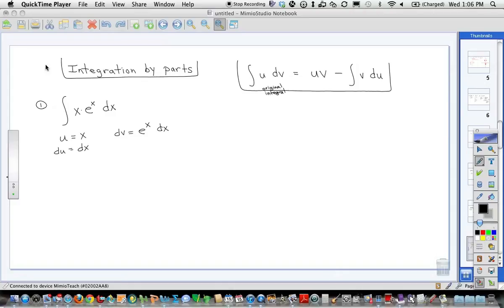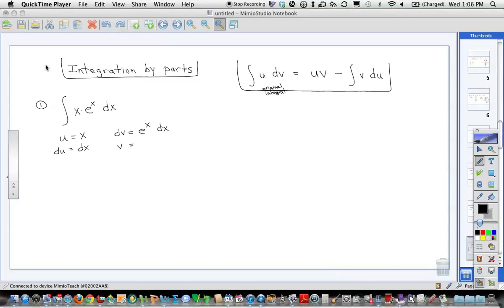And with the dv, we want to find v, because if you look at the right side of our formula, we need v in two different places. To get from dv to v, you do the antiderivative. In u substitution, you did a derivative to get the du, and at the end an antiderivative. In this case, we do both in this step.